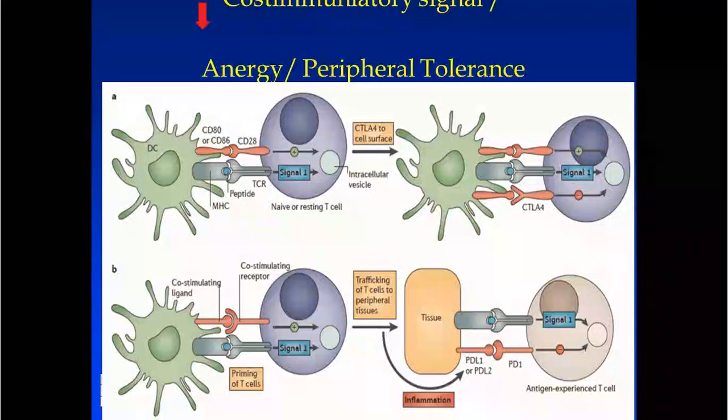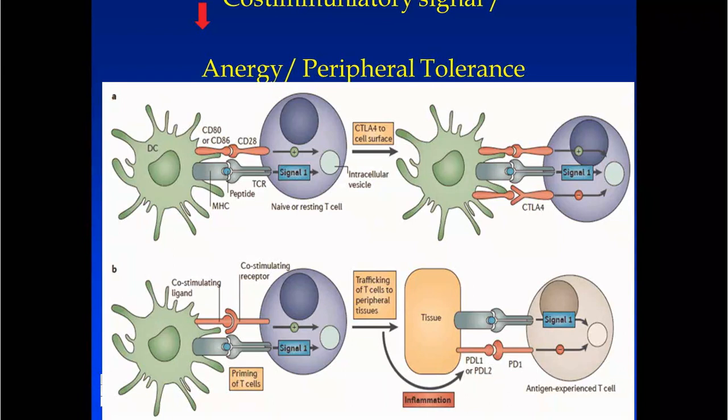And the other slide shows the mechanism of anergy, which is inhibition of the co-stimulatory signal by the tumor. And this anergy is referred to by another broader term called peripheral tolerance. I think you studied peripheral tolerance in the case of autoimmunity. So peripheral tolerance is a mechanism by which the body overcomes autoimmunity.